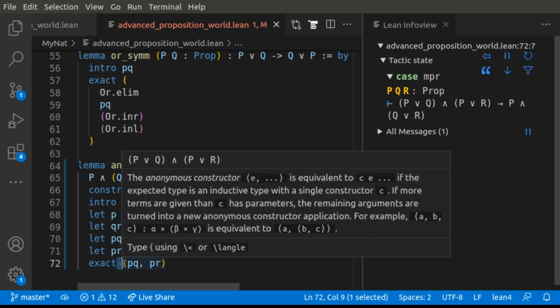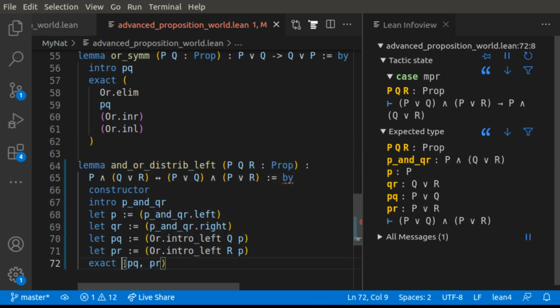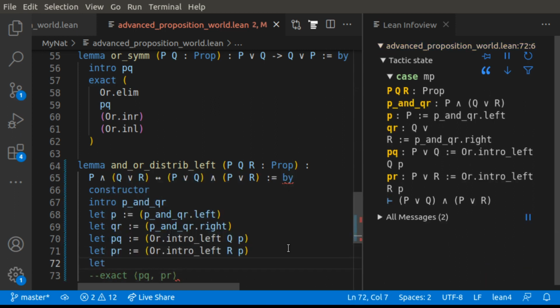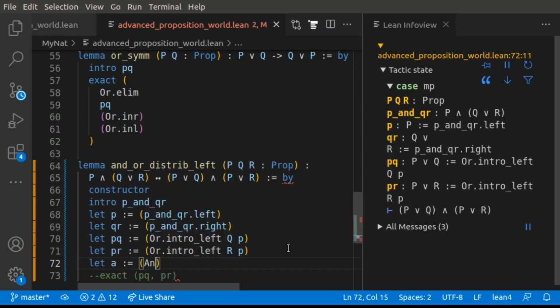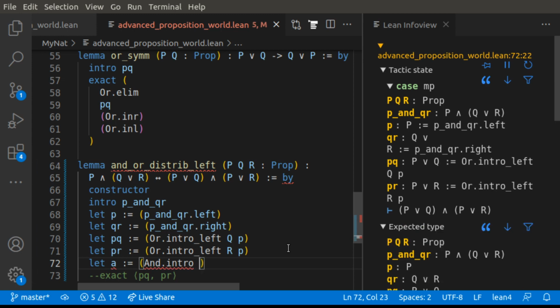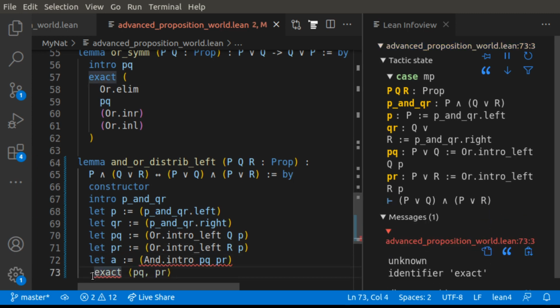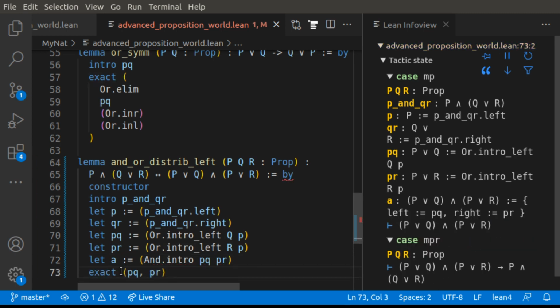And this is the anonymous constructor. This is the same thing as let a be and dot intro PQ PR. A is of type P or Q and P or R. But if it's clear from context, we can just use the angle brackets instead.